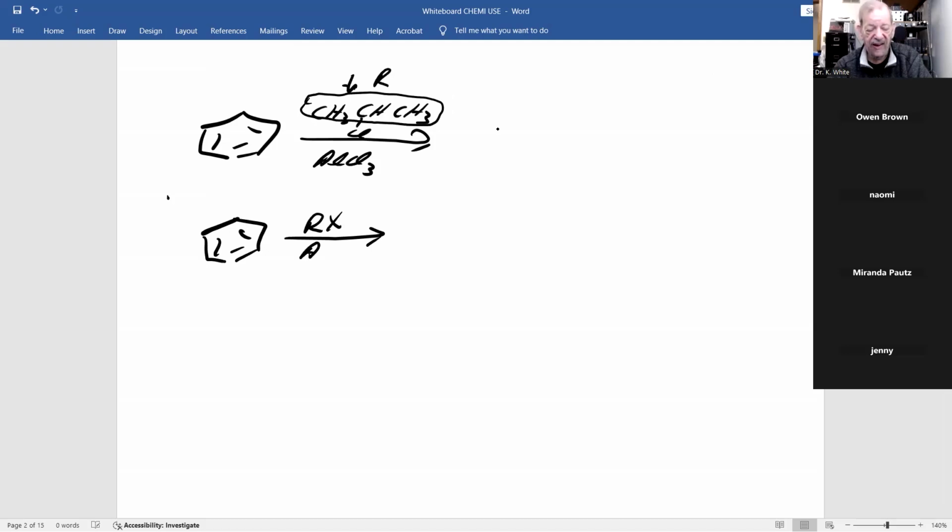Then I also have this catalyst, aluminum trihalide, where X can be chlorine or bromine. In our case, it's chlorine. And you form that very special thing, a carbon-carbon single bond to the R group, to the carbon that has the halogen. That's this carbon.